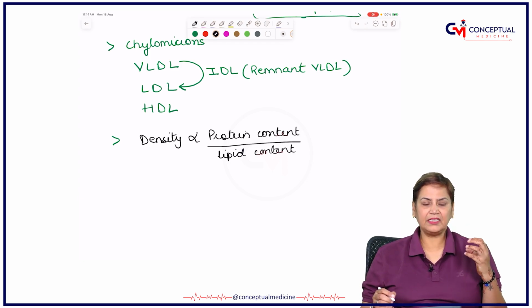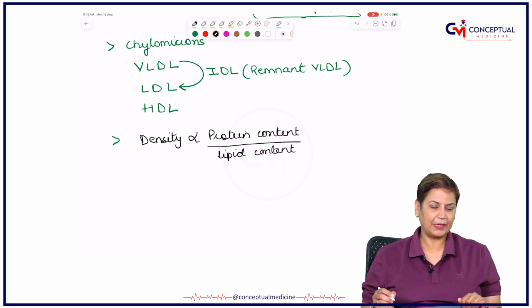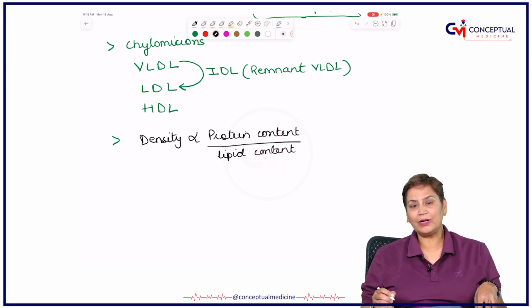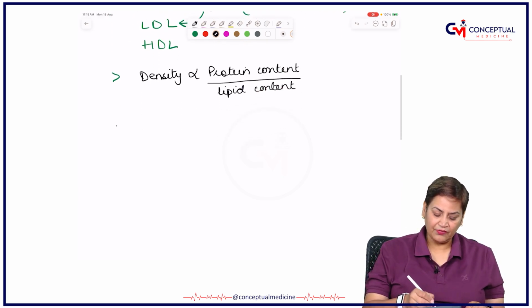So the basic difference between very low density lipoproteins and low density lipoproteins is again the density, or the protein content. Clear? Obviously if the protein content is more, the density is more, and if the lipid content is more, the density has to be less.